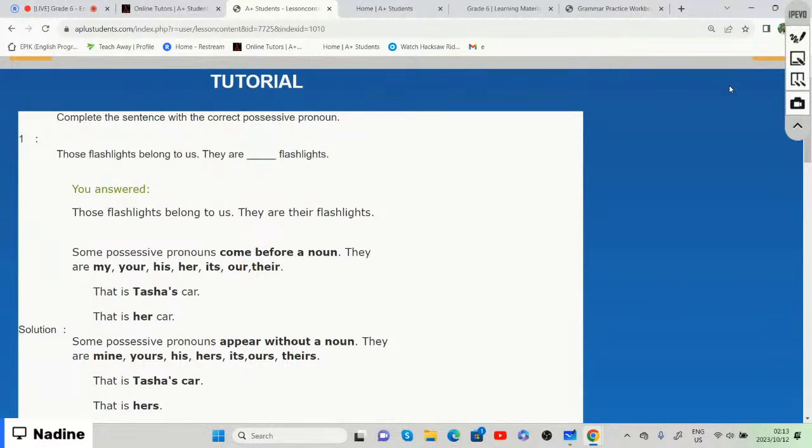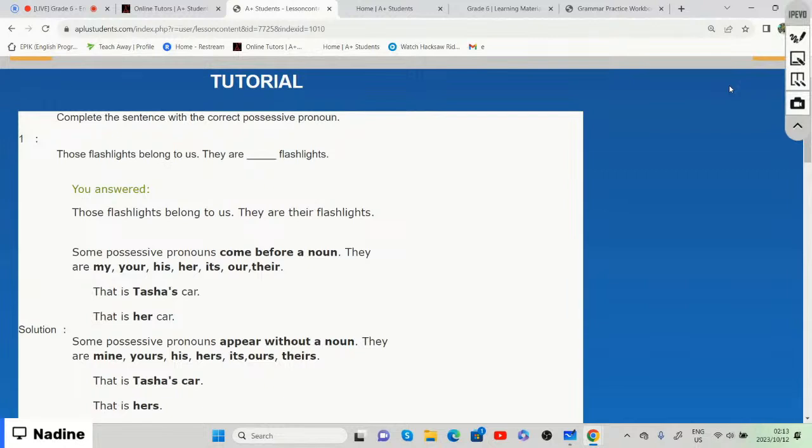If we, for example, say that is Tasha's car, that shows possession. The possession belongs to Tasha. But remember, we said that there should not be apostrophes, and the pronoun replaces the name of a person.